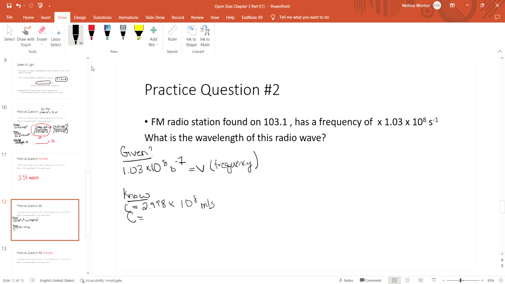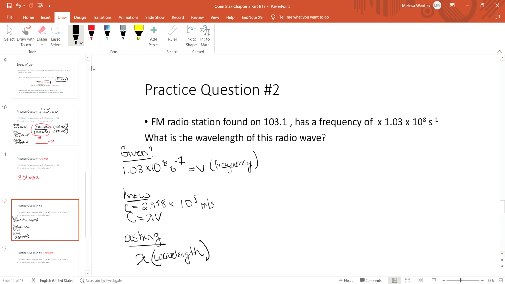And this is my formula. And what are they asking for? They're asking for wavelength. That's what they're asking for.